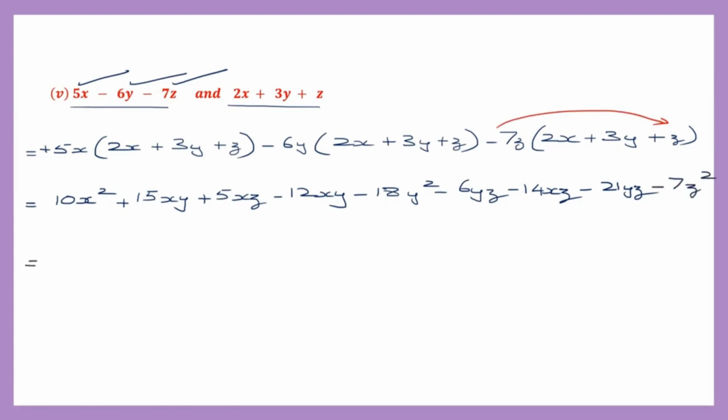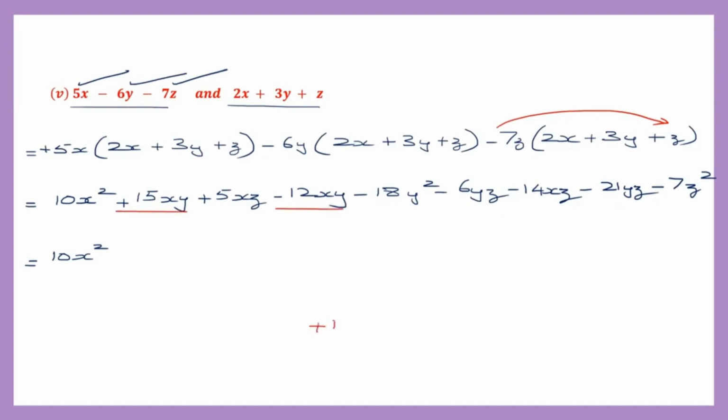Now we're going to write out our answer. Let's check everything. Here we have x squared. Do we have another x square? We don't have. So we can write it as it is. So this will be 10x square itself. Next we have an xy. Do we have xy's? Yes, here we have xy. That means these are two like terms that we need to work out.